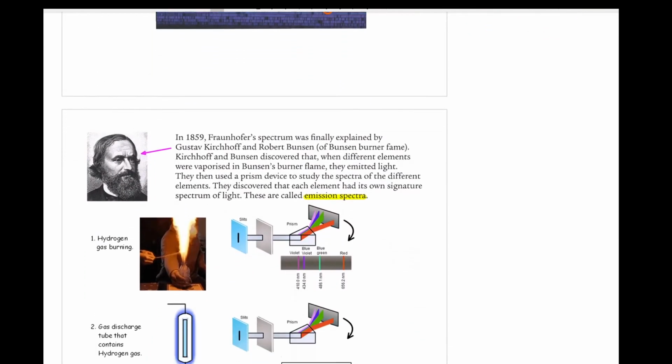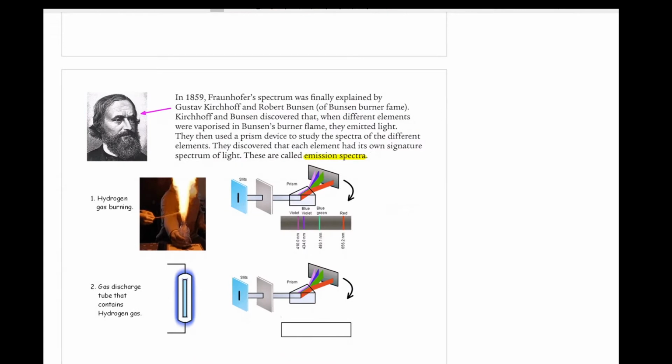Now, in order to understand spectral lines which absorb light, we first have to look at different elements emitting light. We're burning some hydrogen gas. It is giving off light.